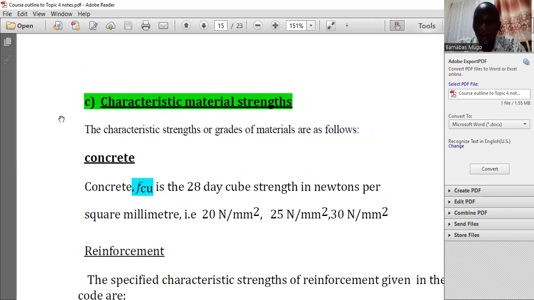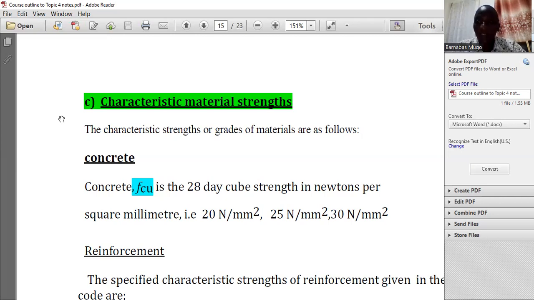One, we have the concrete. We said in the previous video that concrete is made up of cement, sand, and ballast, then it is mixed with water. And if it is a reinforced concrete, there is some reinforcement material accompanying that concrete, and the whole item is known as a composite material.